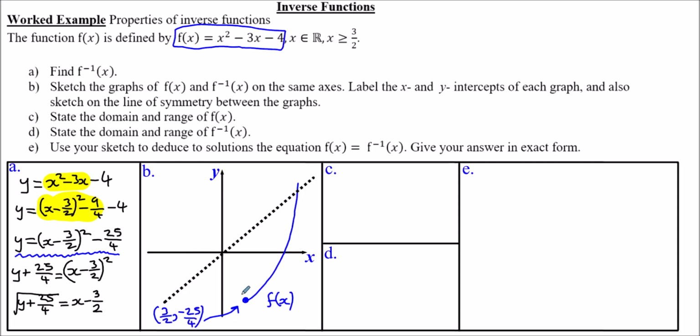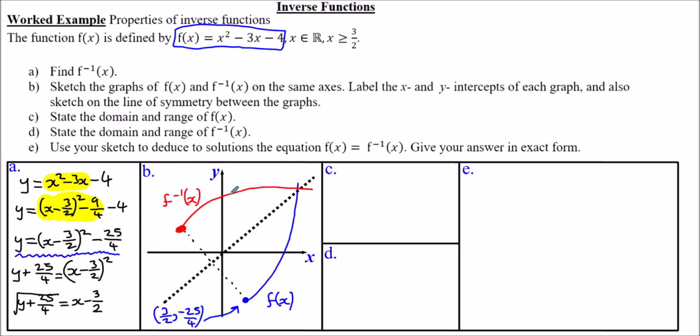So this point here is going to mirror to be over here, and then if I reflect that, it's going to be something like this. Not best drawn, but hopefully that gives an idea. So the red is going to be f minus 1 of x.